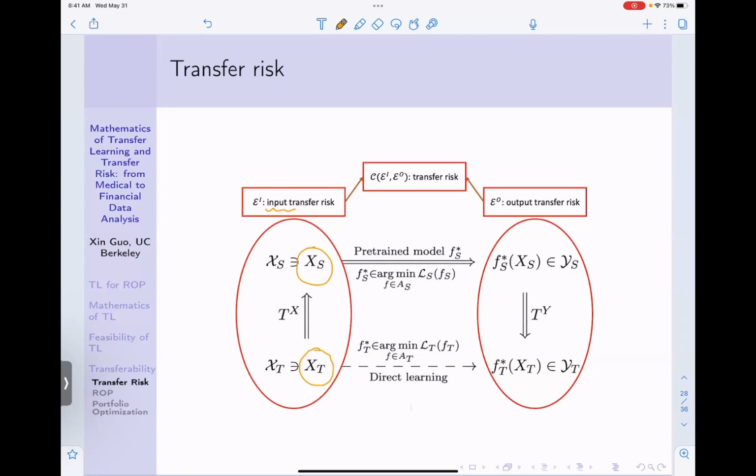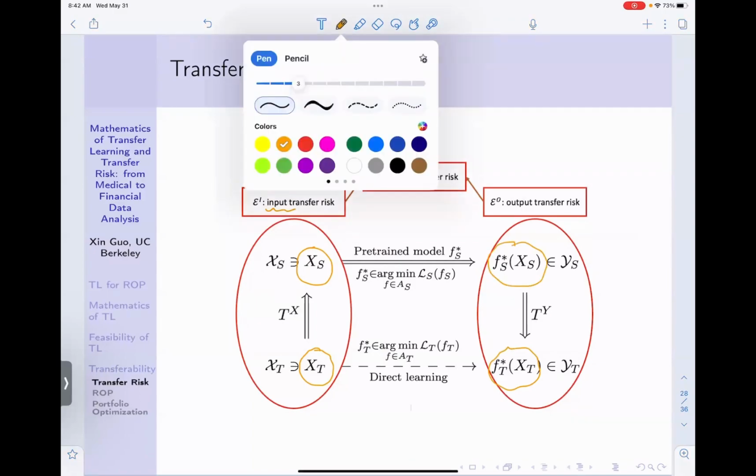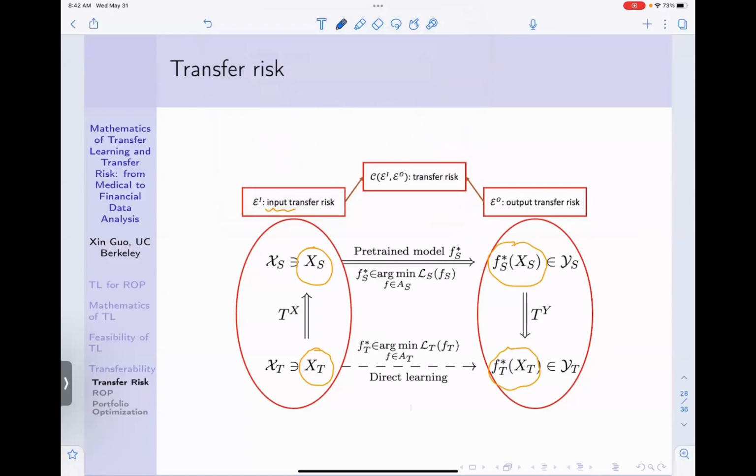So in this case, you already have this input transfer risk. And similarly, when you have this output of YS in the domain of YS, and you try to fit this into this, you also have distributions of the data set which you have to compare.